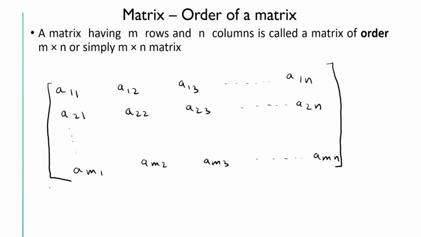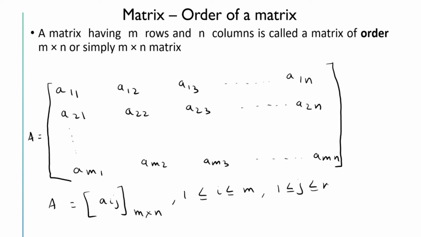Or we can write, if A is equal to this matrix, then A is equal to Aij of order m by n, where 1 less than or equal to i less than or equal to m, 1 less than or equal to j less than or equal to n, and i, j belong to N, where N is the set of natural numbers.